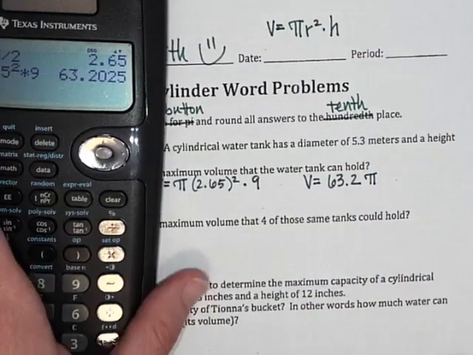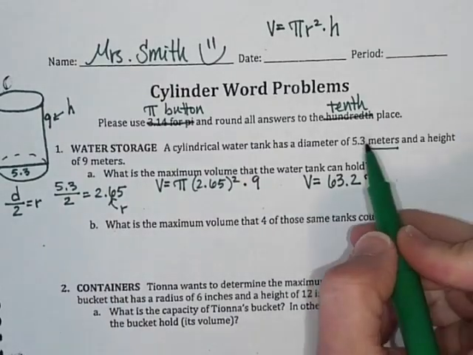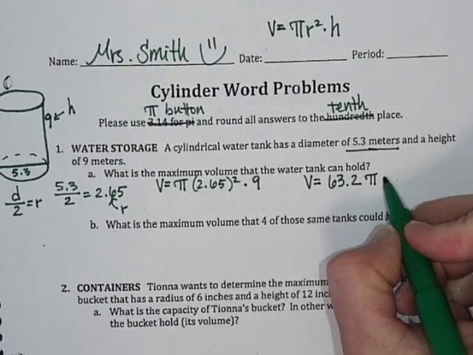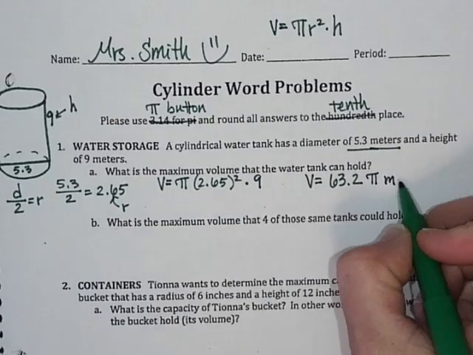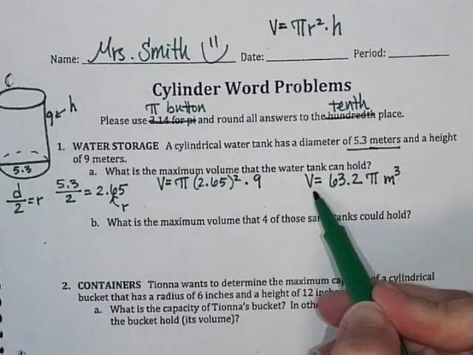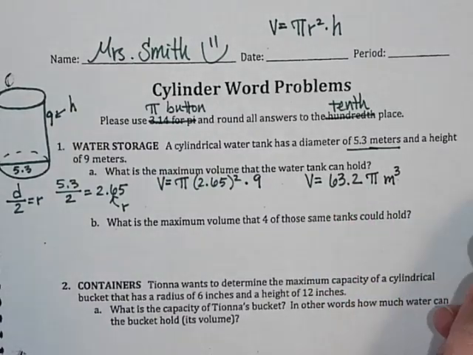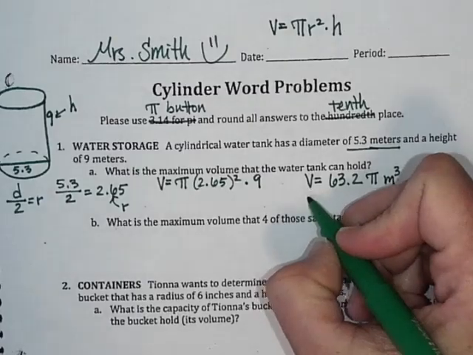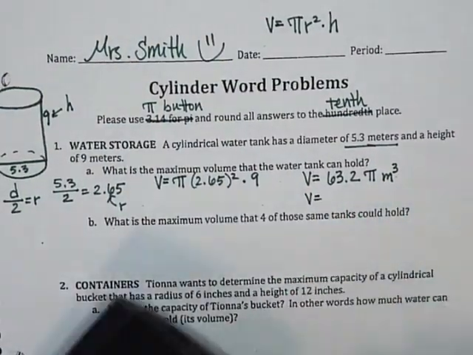And then we just need units. Looking back, it was 5.3 meters. So let's do meters. And because we're doing volume, which is 3-dimensional, we need a 3 here. And that makes our answer: volume equals 63.2 pi meters cubed. The second version of our answer, we're going to use the pi button and actually turn this all into a number.